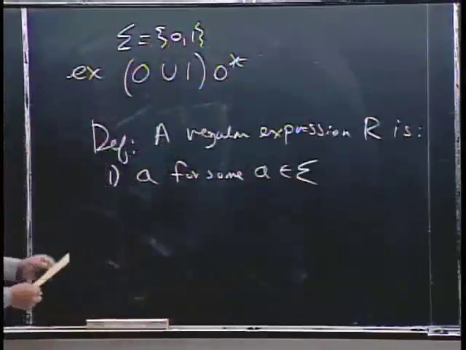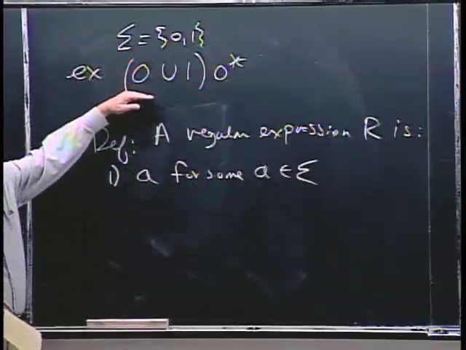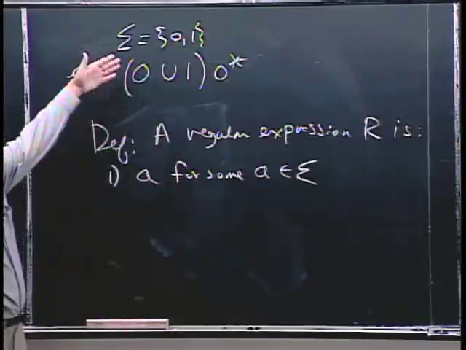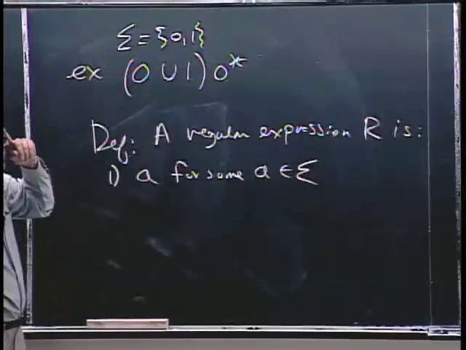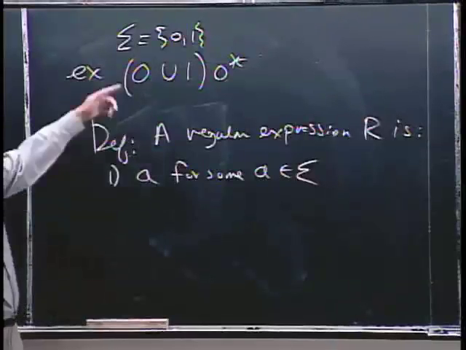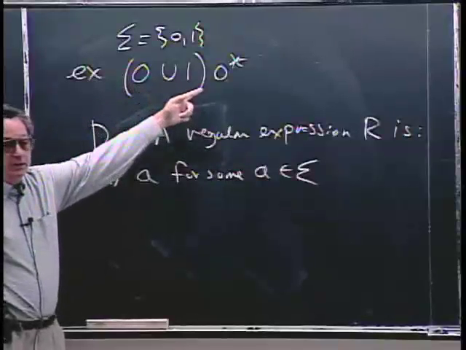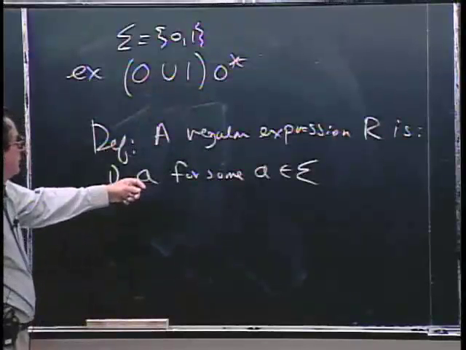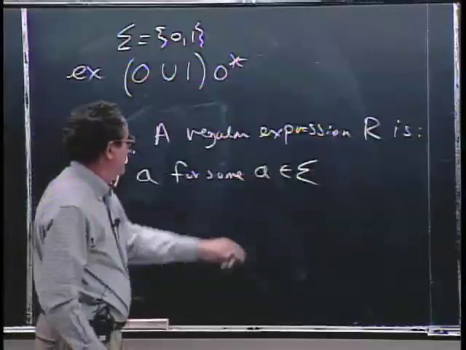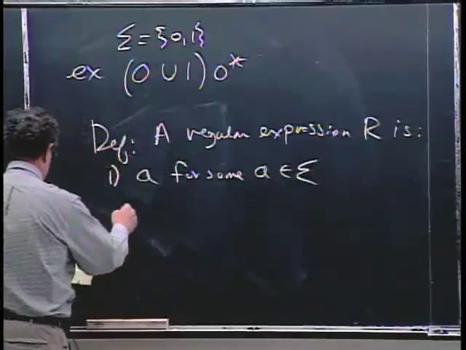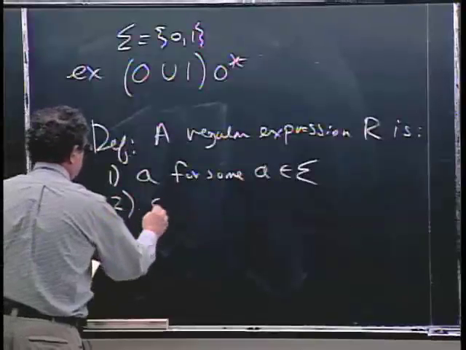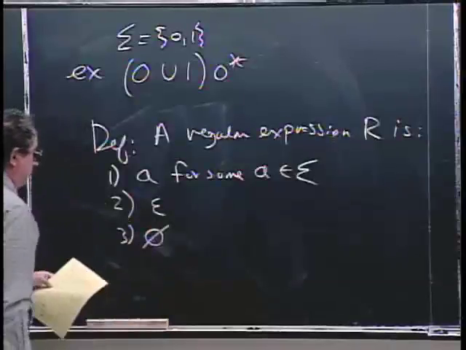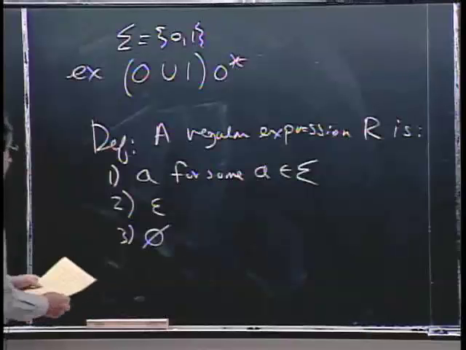There is some alphabet being used for the regular expressions, not necessarily 0, 1. It could be any particular alphabet you have in mind, but ultimately you have to say what it is if you want to be totally formal. Usually the alphabet is just the set of the individual characters found in the regular expression. So a regular expression R is just A for some character in a specified alphabet, or it's epsilon, the empty string that we know about, or it's the empty set.